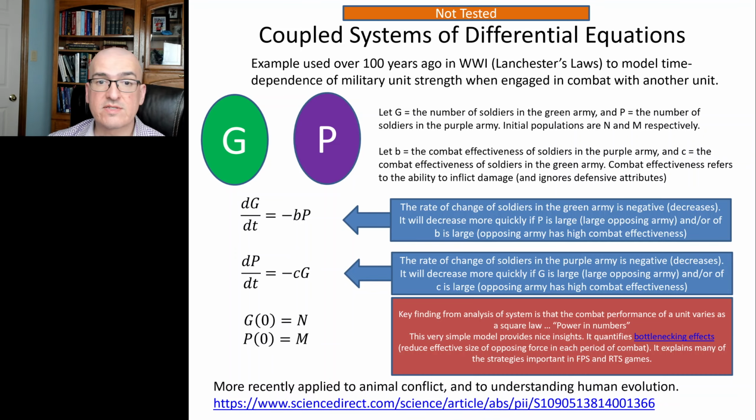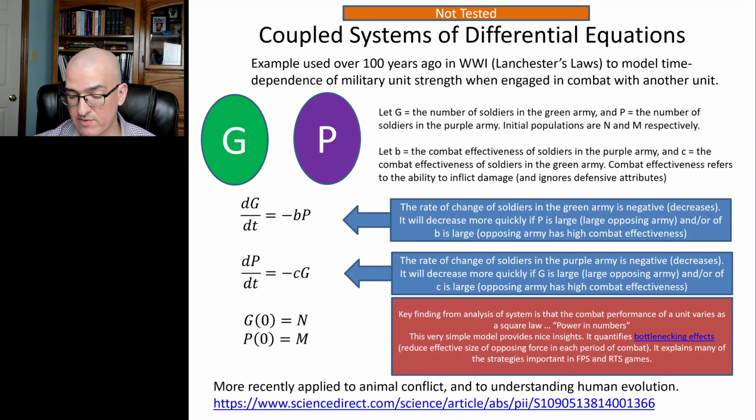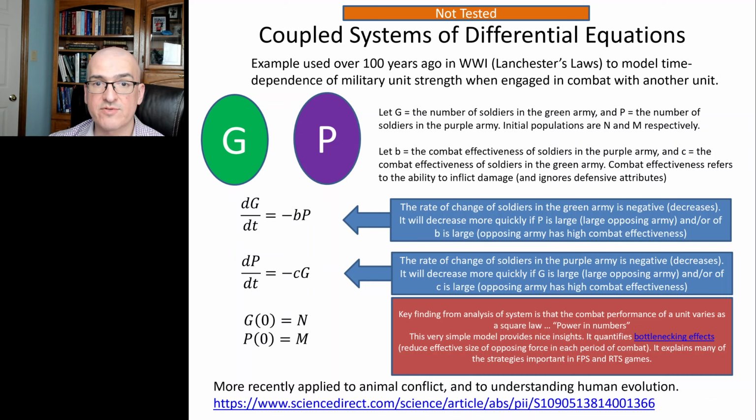And for anyone here that plays first-person shooters or real-time strategy games, this model describes why a lot of the good strategies in those games work. They are reflections of a mathematical structure that really rewards a large group versus a small group.